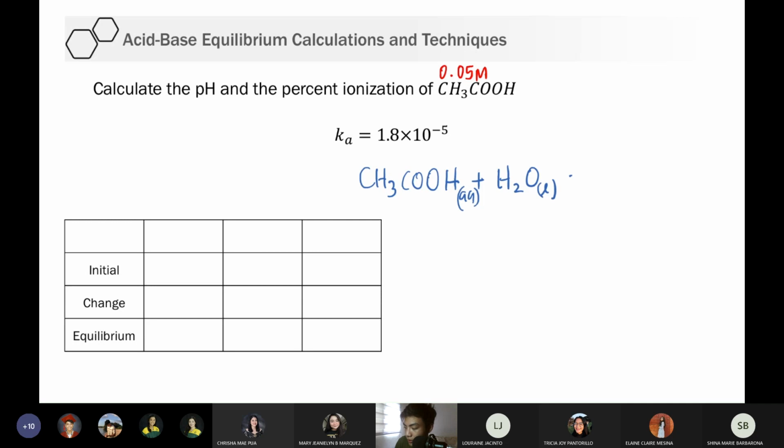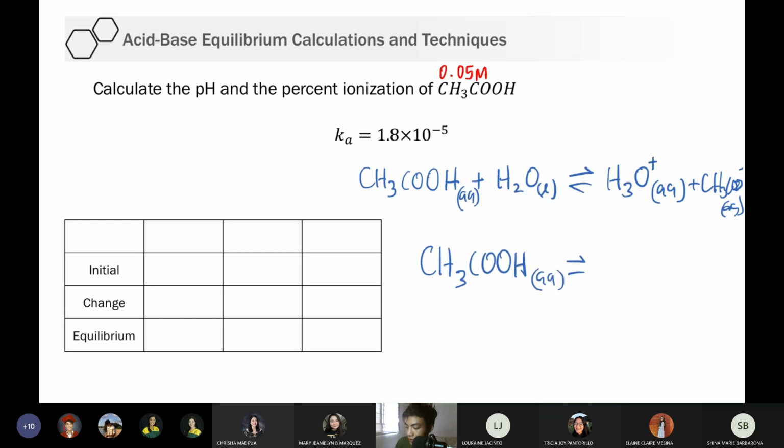Plus water, it will produce H3O+ aqueous plus CH3COO- aqueous as well. So that is one way of writing this equation. Pwede rin naman yung ganito lang, CH3COOH aqueous that will equilibrate to H+ aqueous and CH3COO- aqueous.